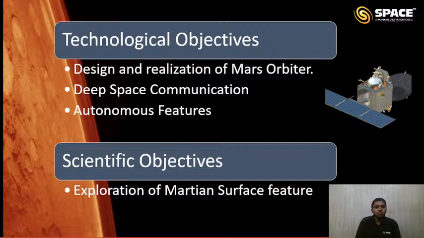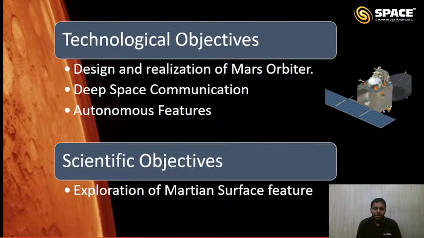Now, just suppose the Mars orbiter reaches Mars and something happens to that orbiter. It is going to take 15 minutes for that signal to reach us, and again some time for us to resolve that issue. Then 15 more minutes for that signal to go from here to Mars.